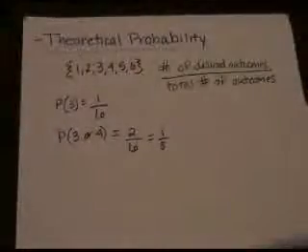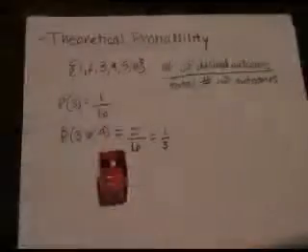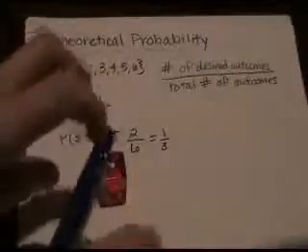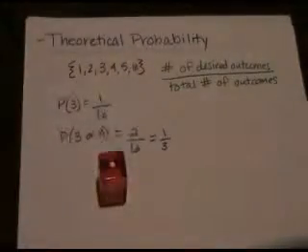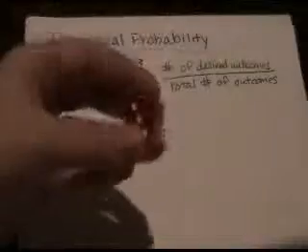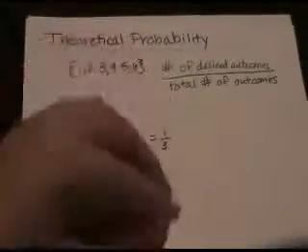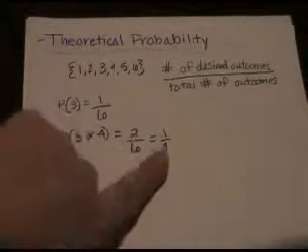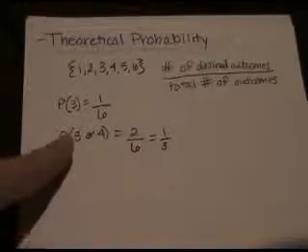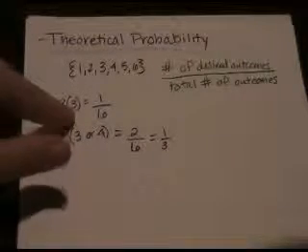So theoretical probability is really what you know should happen, and I say should, because each of the faces of this number cube are equally likely. So a 1/3 chance of getting a 3 or 4, a 1/6 chance of rolling a 3.